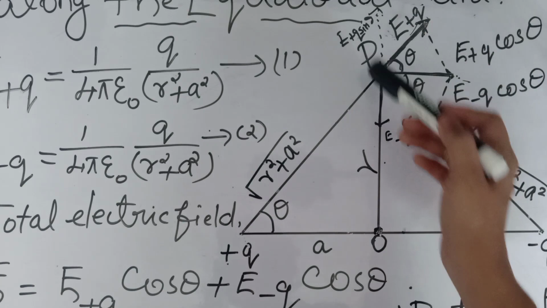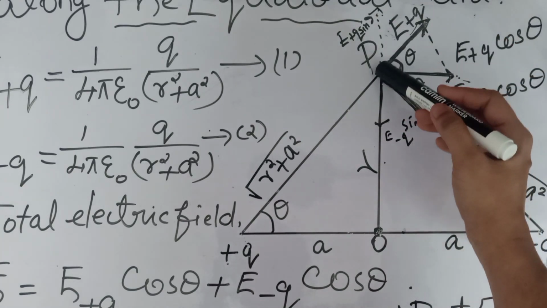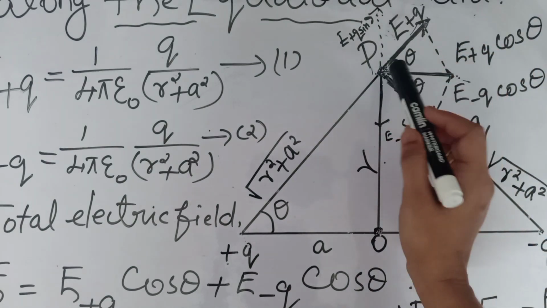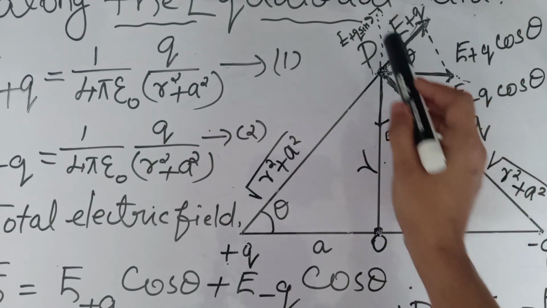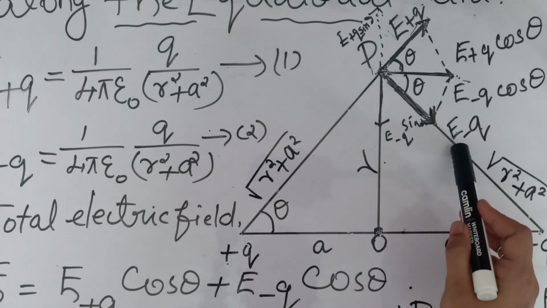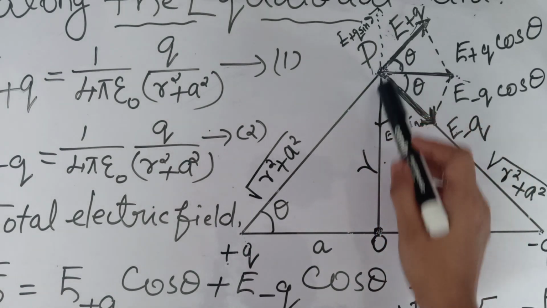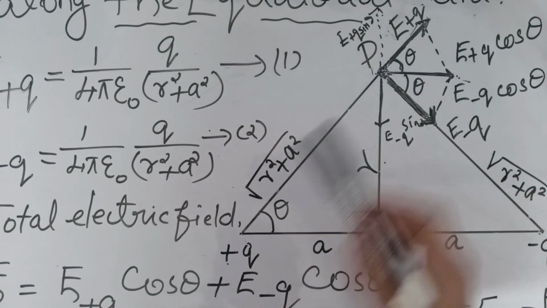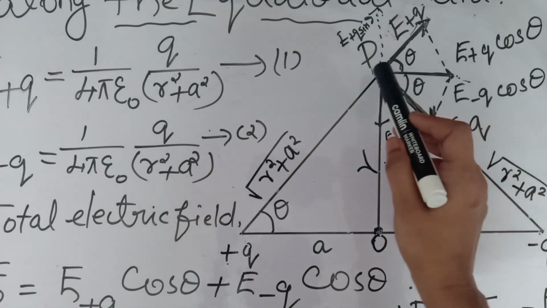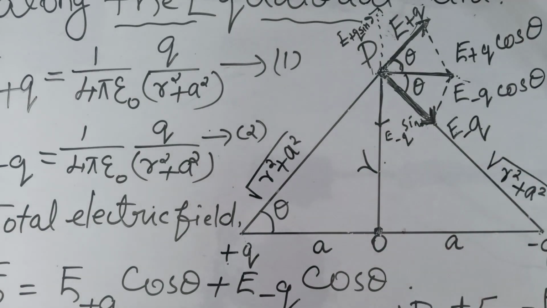Now we have to find the resultant of E plus Q and E minus Q. We can resolve E plus Q into two components, a horizontal component and a vertical component, and E minus Q can also be resolved into a horizontal component and a vertical component. The vertical components will get cancelled and only the horizontal components will be added, that is E plus Q cos theta and E minus Q cos theta.